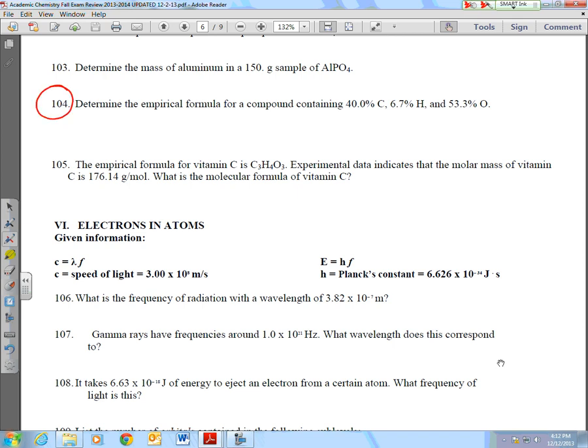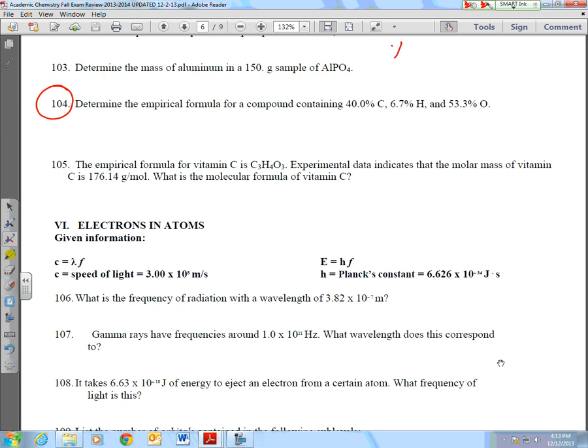Okay, so this should be one of your favorite things to do because it has a corny little poem that goes with it that hopefully you've memorized. Maybe I'll make y'all say it just for fun. Okay, so here's the poem. You ready? It goes, percent to mass, mass to mole, divide by small, multiply to whole.